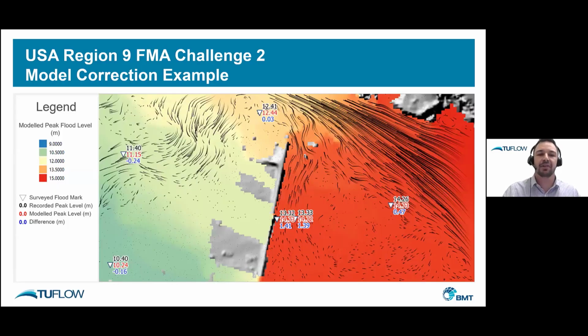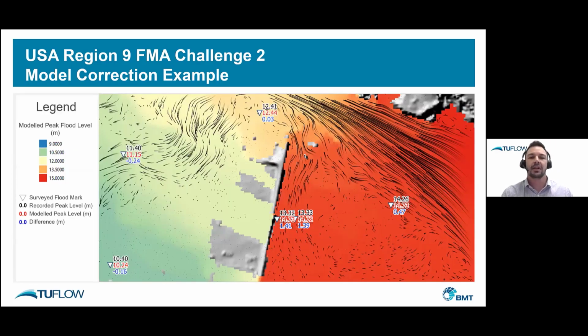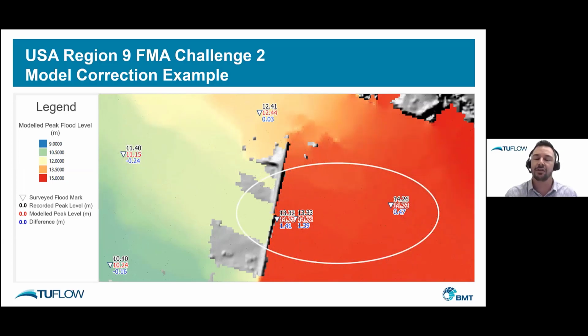Let's look at this bridge. So remember this image from just previously, where the bridge was not represented in the DEM. The black numbers here are the recorded flood level, the red is the model result, and the blue is the difference between the two. Upstream of this bridge, you can see we're about 1.5 meters too high.